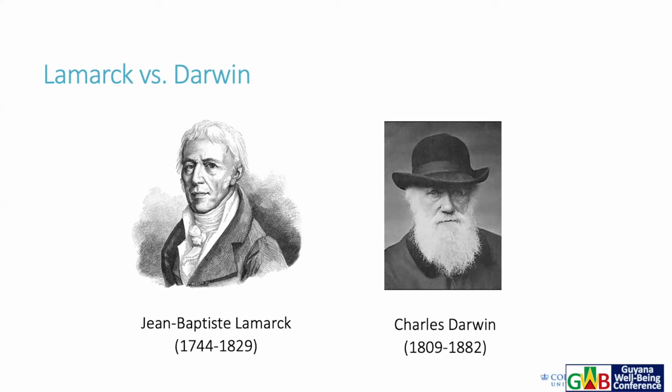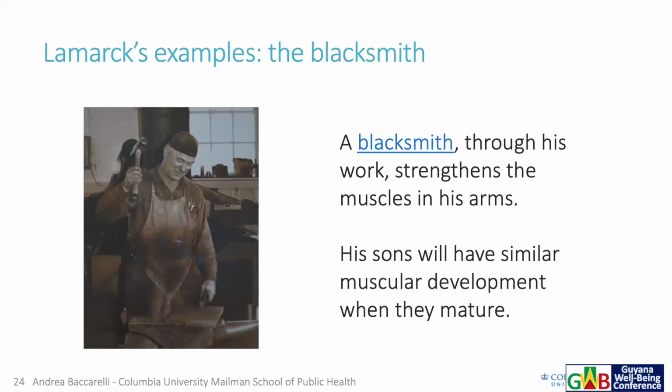One example, for instance, was the blacksmith. He had noticed that families of blacksmiths tend to be bulky, very muscular. A blacksmith is muscular, and his sons, and please note, sons comes from Lamarck, are also pretty much built up.